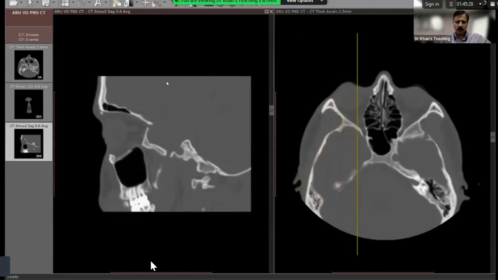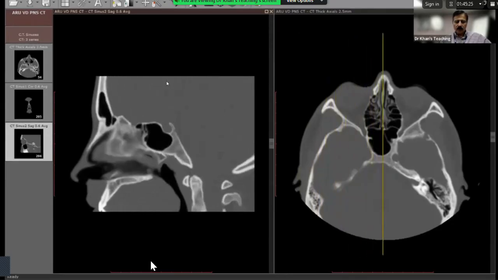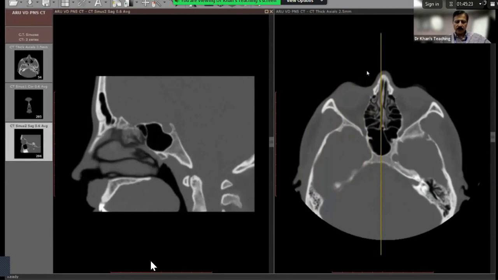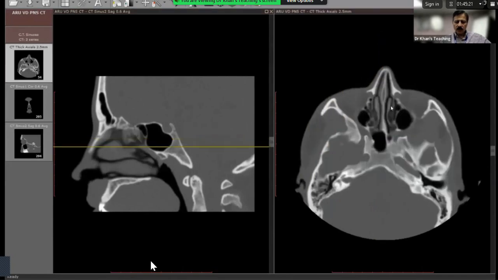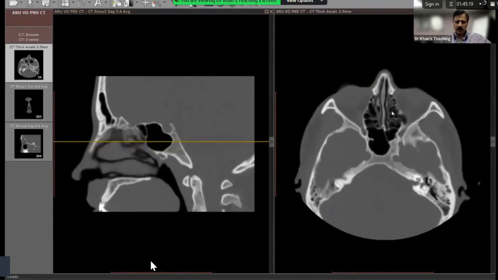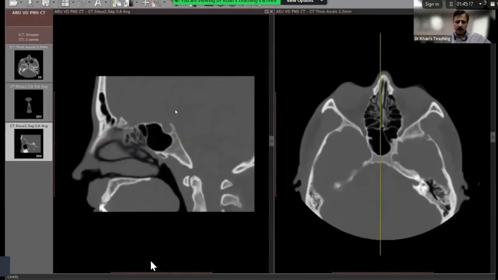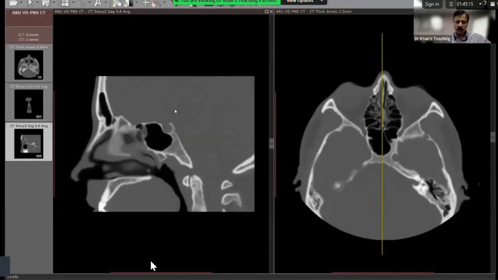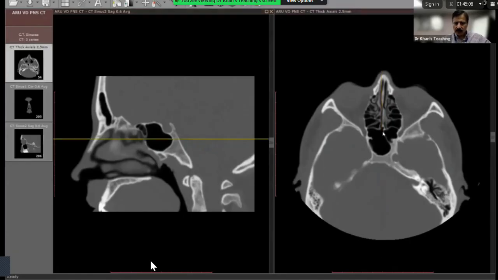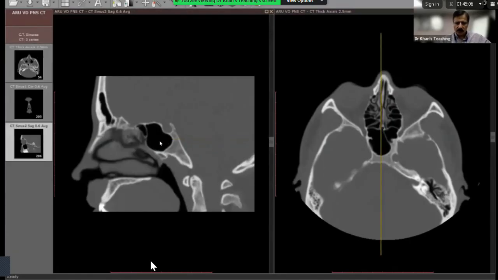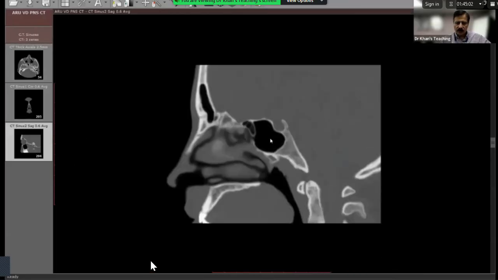And generally speaking, if we see it on a sagittal, if we go here and try to orient it, actually, you can see it very well. You see this ostium here, which correlates with this thing. So this is the ostium of the sphenoid sinus.